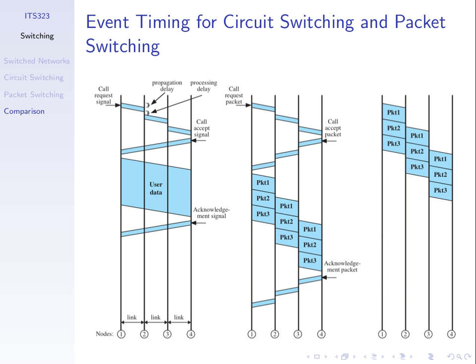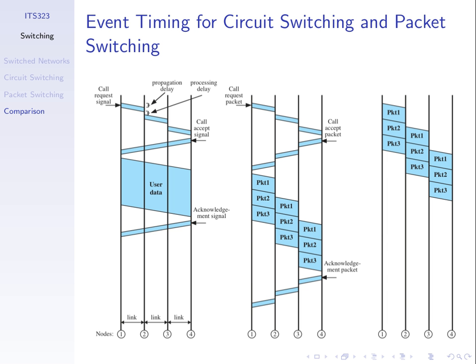The last thing we should point out here is the data transfer for circuit switching. We don't use packets. Once we've set up the connection, we have our, let's say, 1,000 bytes of data. We simply transmit that and it propagates across the first link, through the first switch because it's already established a path, across the next link, and through the second switch, and then across the third link and is received.